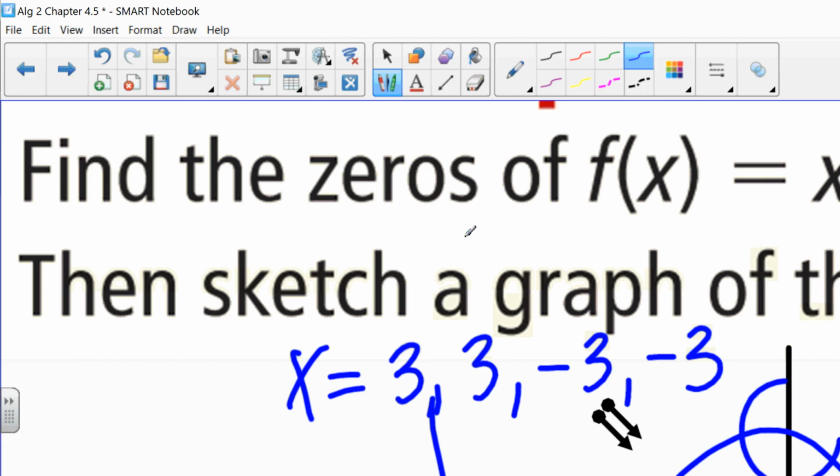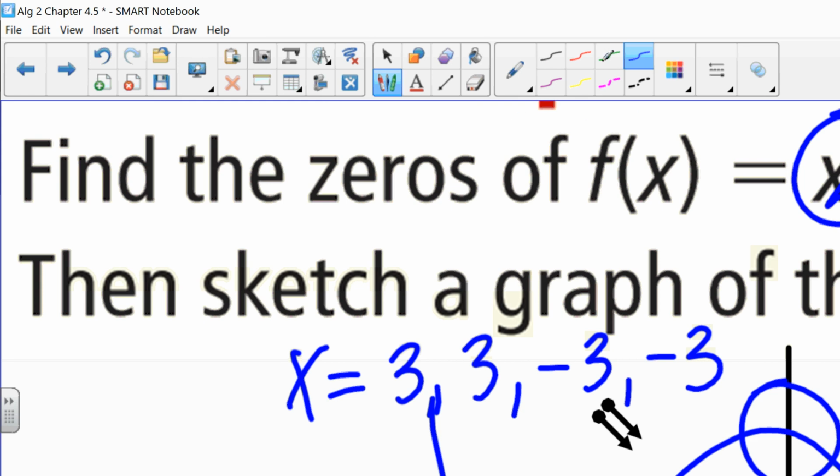And actually, this point where it crosses the graph is going to be the point 0, 81. Because what's the x value when it crosses the y-axis? 0. Well, what's going to happen to x to the fourth when x is 0? It would be 0, wouldn't it?